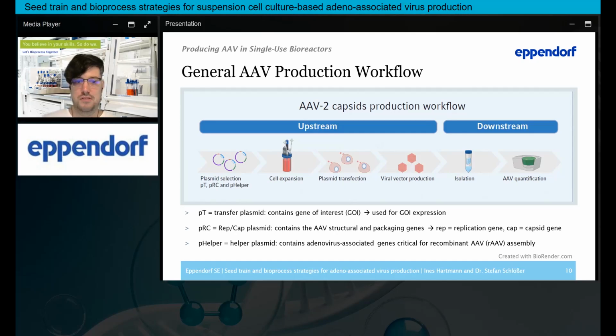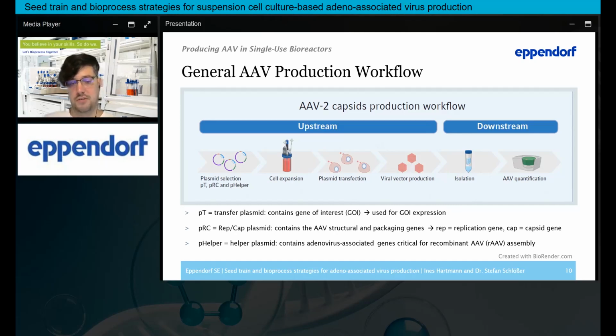Second plasmid is the PRC, or the rep-cap plasmid. This contains the AAV structural and packaging genes. So basically, it contains the genetic information for the capsid and how to package information like the gene of interest into this capsid. And as said, if you want to produce AAVs, you need to have a full replication cycle, and for this you usually need a helper virus.